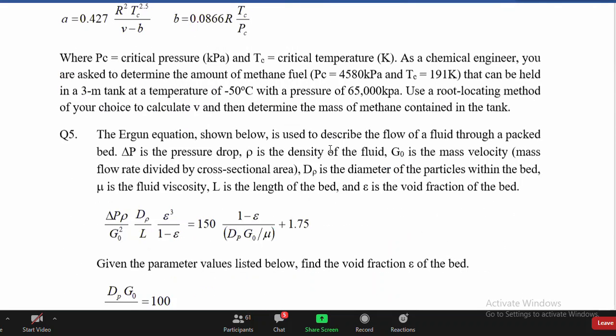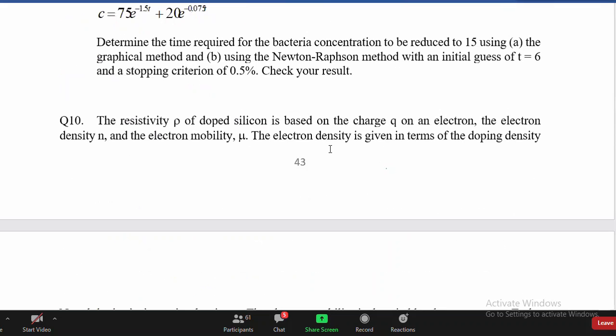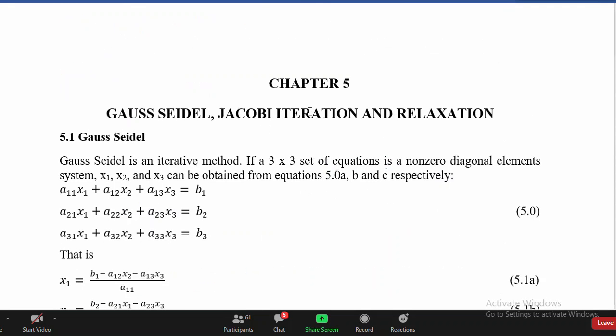Let's move to what we are actually here for today. That is chapter 5: Gauss-Seidel, Jacobi iteration, and relaxation.